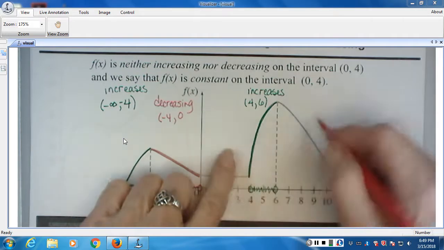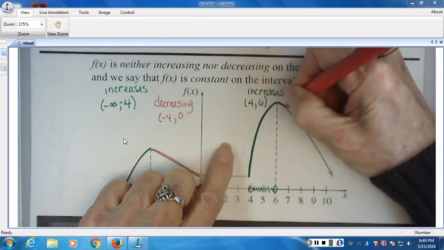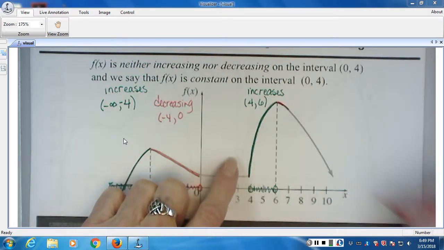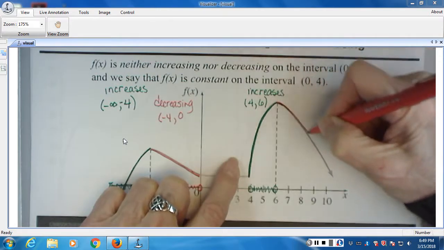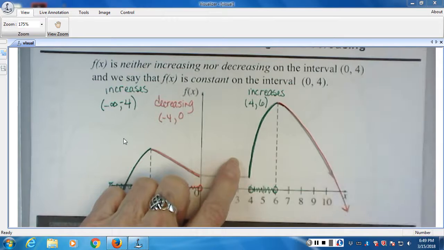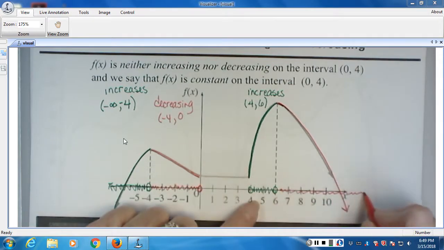And then it also increases, excuse me? It does. In fact, this all has something to do with the limits and derivatives. It's also decreasing as we go from 6 to positive infinity.